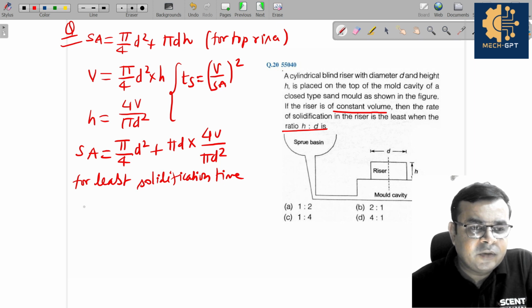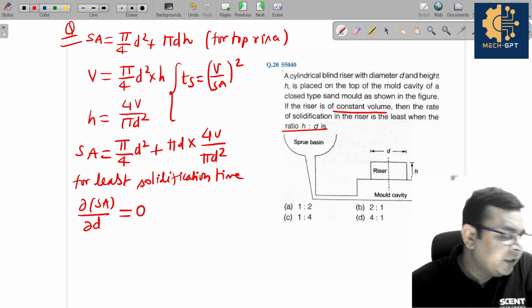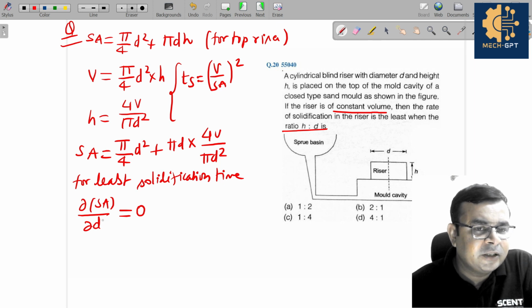So for maximum surface area, can I say del SA by del D is put equal to 0. You just differentiate this expression with respect to diameter, then you will get the answer.